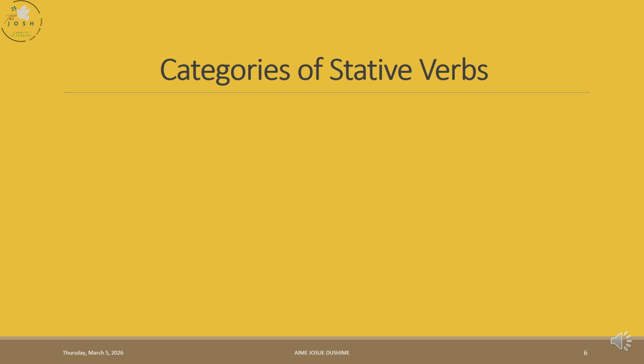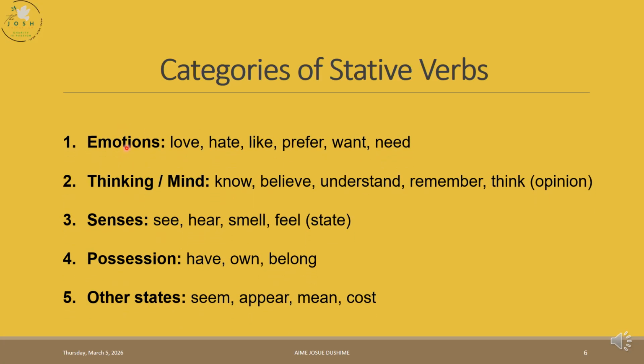Let's see categories of these stative verbs, the non-action verbs. We have five groups: emotions, thinking or mind, senses, possession, and other states. In all these five categories of stative verbs, we have various verbs: love, hate, like, prefer, want, need.